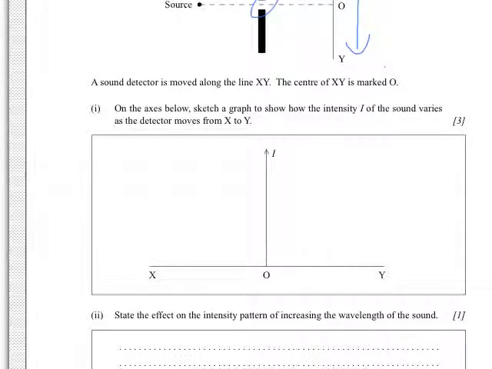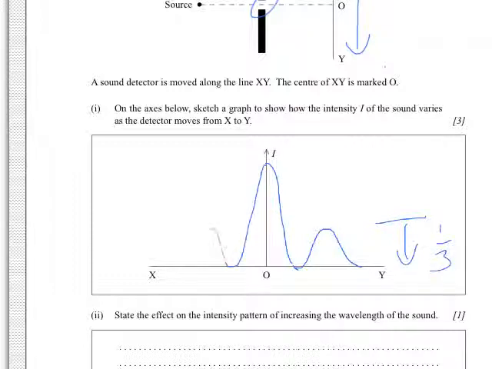If you remember, there's a very specific pattern, which means a decrease in intensity down to 0, and then the next one's really small. The mark scheme says less than 1/3 of the original peak, so make it really small, and don't forget to be symmetrical that way.